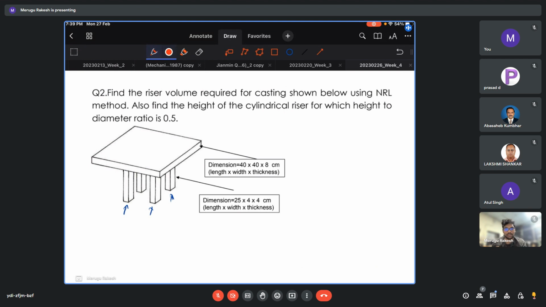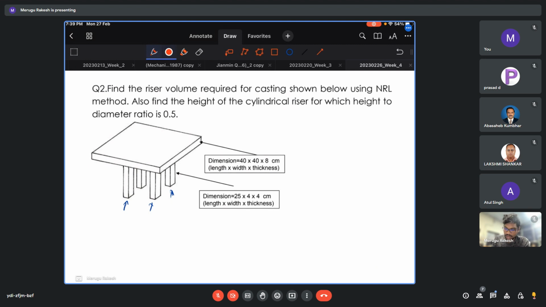Add this to the actual volume of the riser. So you can try this question. So this NRL is one more name for shape factor. Both are the same.